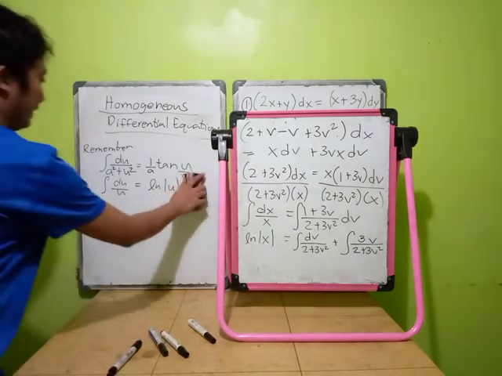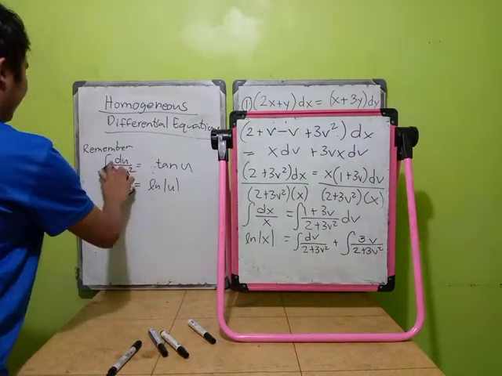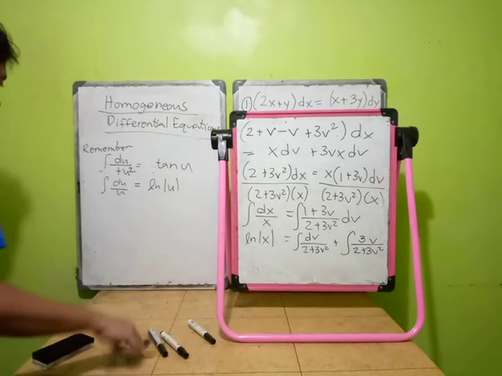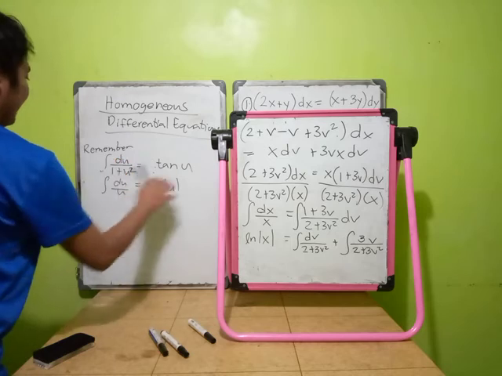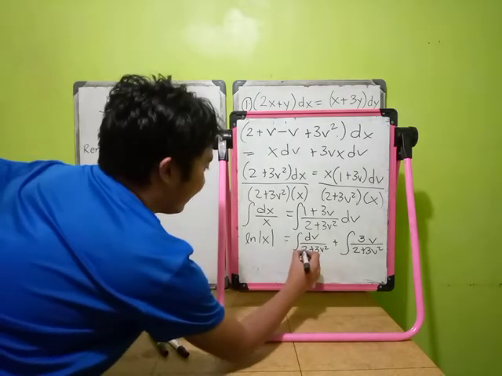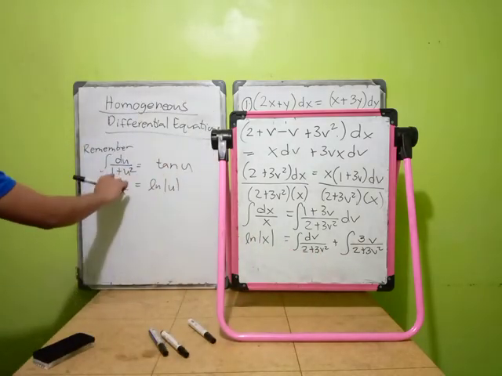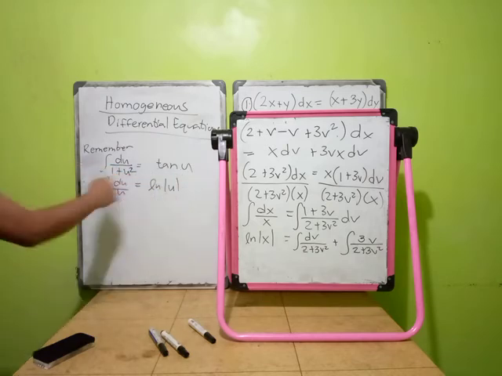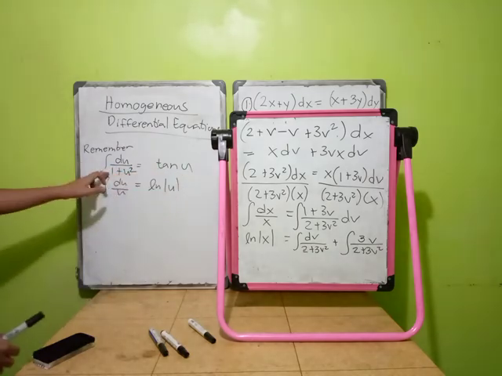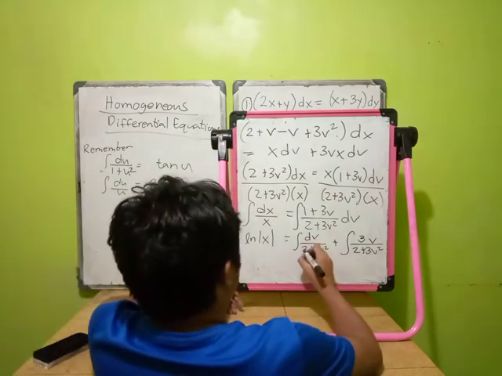So para mas madali na lang, ganito na lang yung gawin natin. Okay? Reflect natin as 1 dyan, so we can actually divide it later. Mas madali kasi ito. Pwede rin yung 1 over A tangent u over A, pero I think it is tedious. So, we can represent it later.